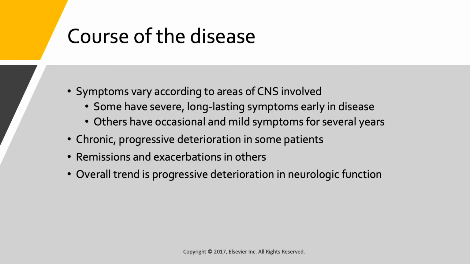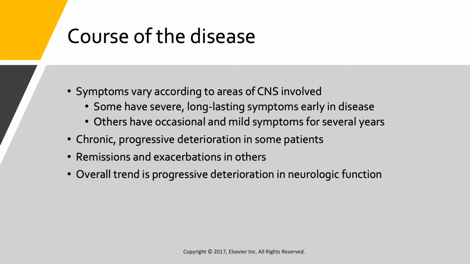And as we said, sometimes the disease will affect different people differently because it affects the nervous system differently. Also, some people have severe, long-lasting symptoms where the disease comes on strong and they go downhill pretty quickly. Others may have occasional, mild symptoms.